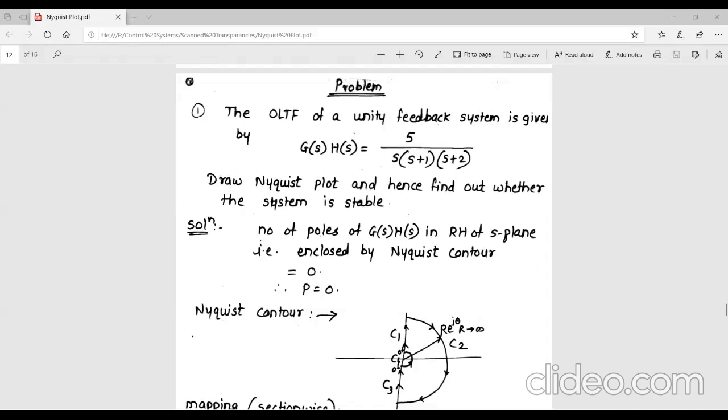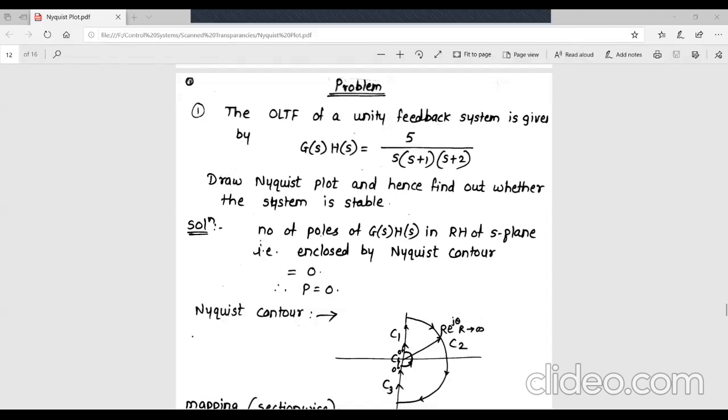Z is nothing but the number of zeros encircled by the Nyquist contour. We know that the Nyquist contour that we assume is the right half of the s-plane in a semicircular manner, by skipping the poles, if at all there are any poles, on the imaginary axis. So now let us start with the solution.